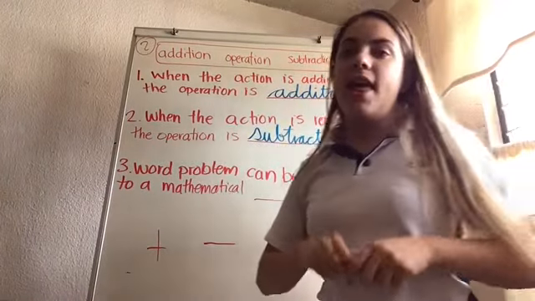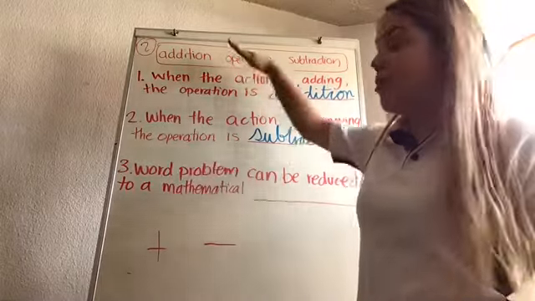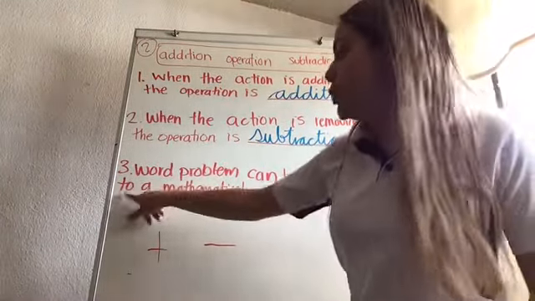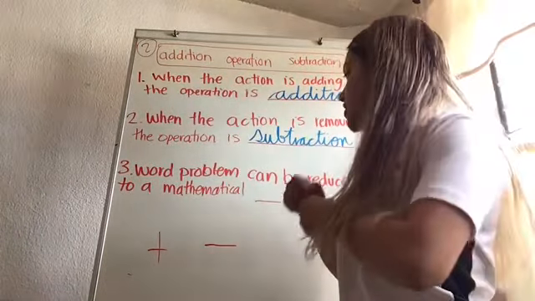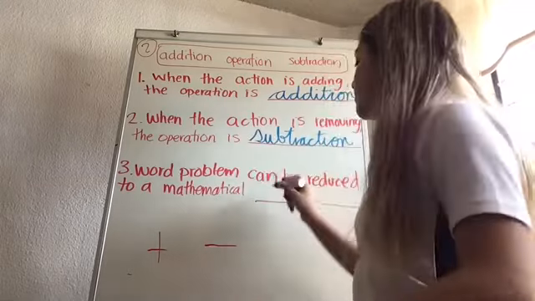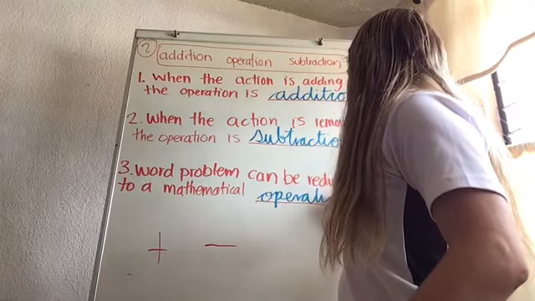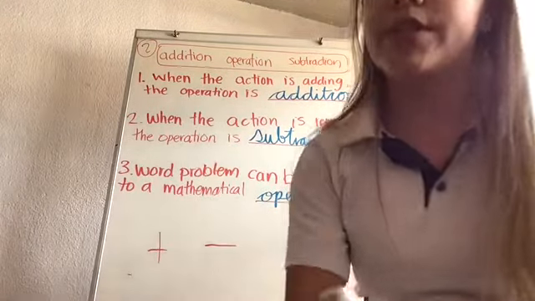Okay. And the last one, number 3. Remember this is a word problem, can be reduced to a mathematic operation. Let's complete, okay? Operation. Very good. Now you do it.